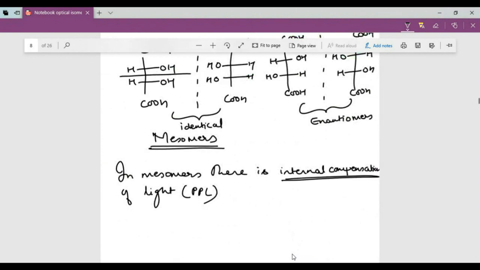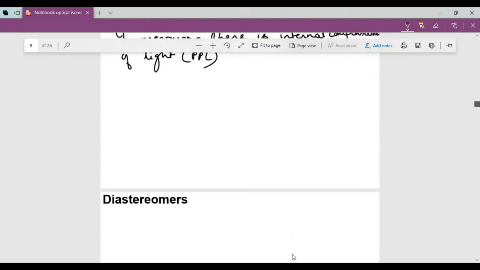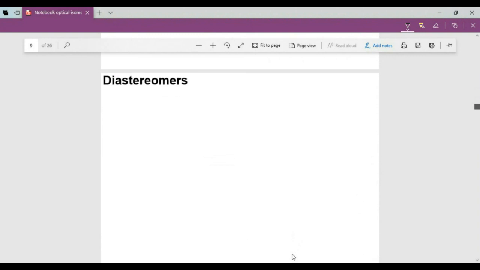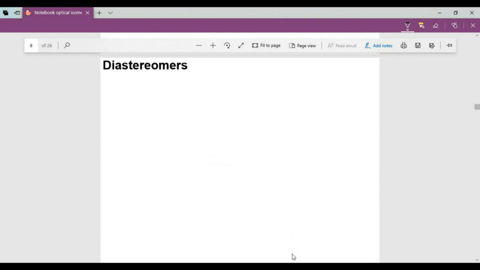Within the molecule, its effect is brought to zero. Okay? Is that clear? So a mesomer is a type of intramolecular racemic mixture, whereas a racemic mixture is when an equimolar mixture of the two enantiomers is taken, then the overall activity being zero is called a racemic mixture.